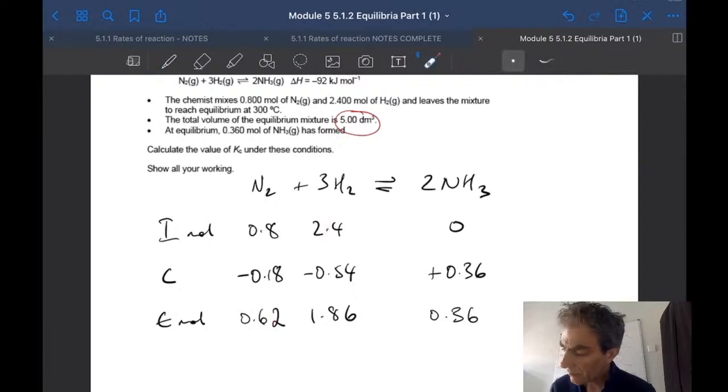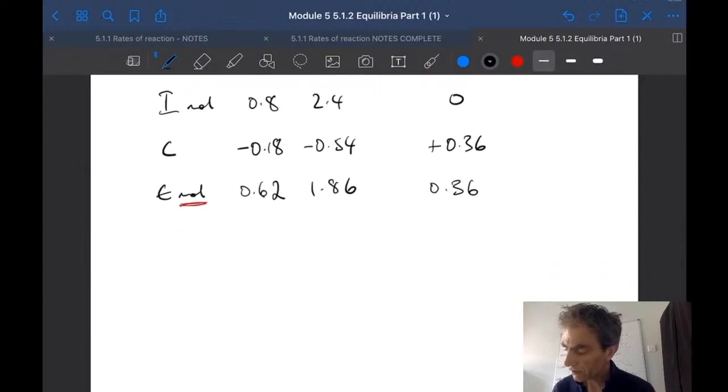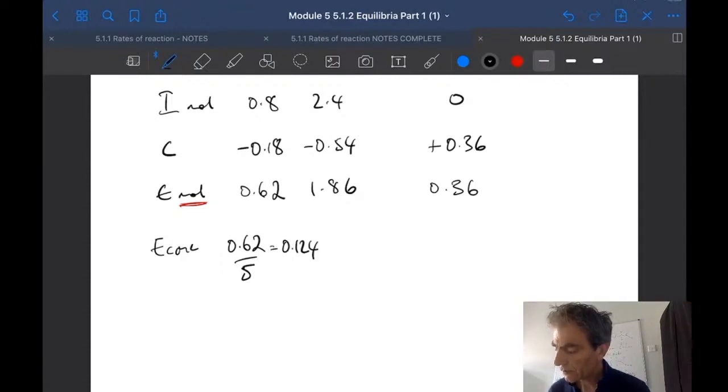Okay, now when I was marking your work I noticed that some people just went straight to Kc from here. But remember, these are moles, they're not concentrations, and we've been given that volume there. So the equilibrium concentrations is what you should have worked out. So remember, concentration is moles over volume, so that should be 0.62 over 5, which is 0.124.